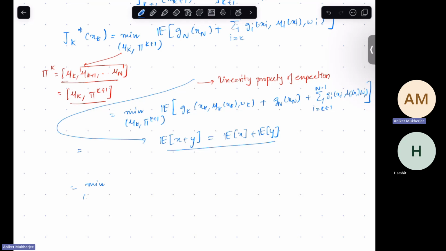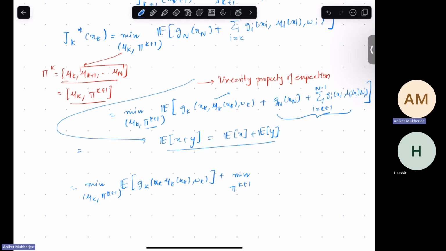I'll do the same here, but the min I'm keeping. So min over mu k, pi k plus 1, of the expectation of gk of xk, mu k of xk, wk, plus min. Now in this you will see that mu k doesn't play a part. Only the mu i's from mu k plus 1 to mu n minus 1 appear, so only pi k plus 1 plays a part.